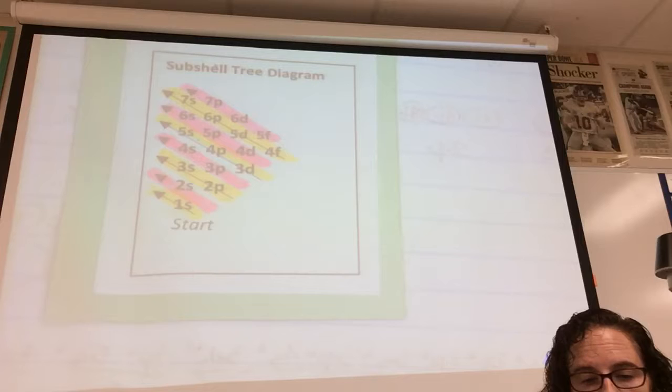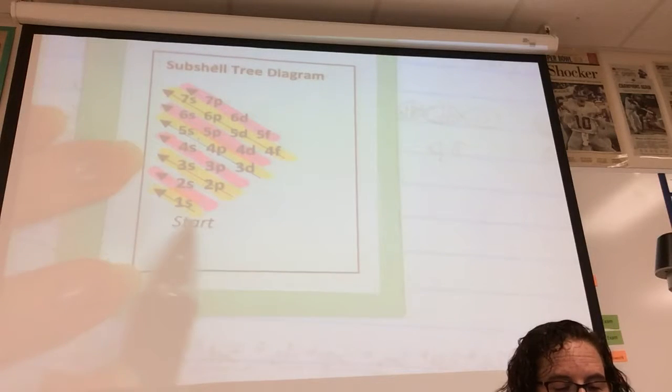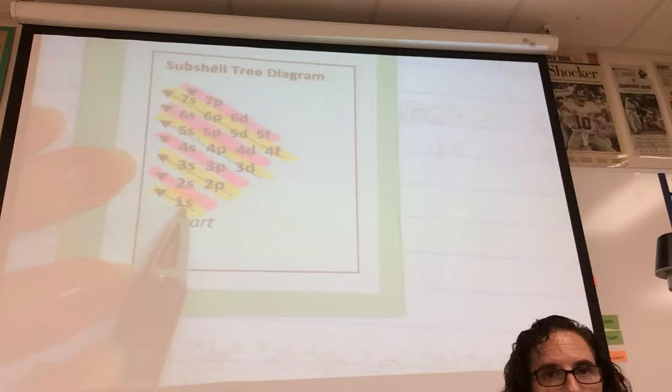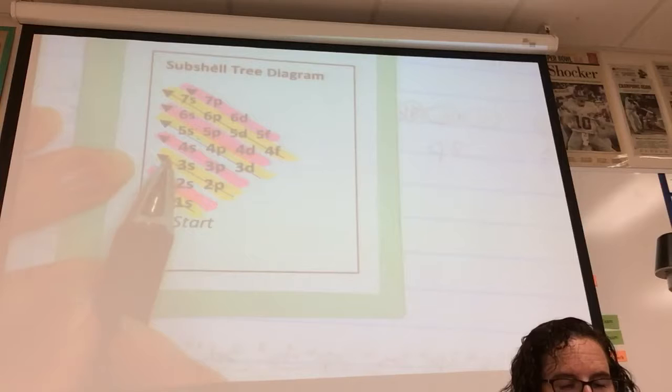So in looking at this, this is your start point. 1s is the first subshell. Follow the arrow, then 2s, then 2p, then 3s.